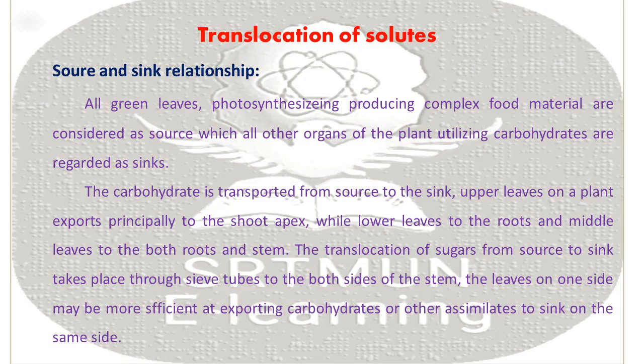The translocation of sugars from source to sink takes place through the sieve tube to both sides of the stem. The leaves on one side may be more efficient at exporting carbohydrates or other assimilates to sinks on the same side.